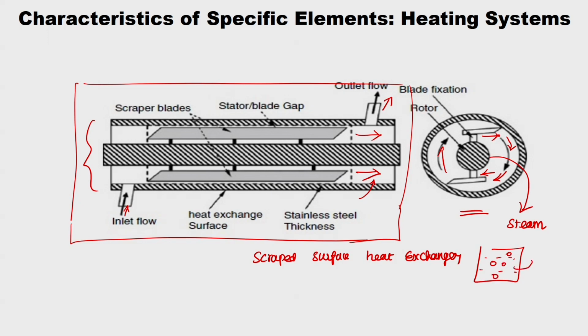From the heating medium to the product side, here it is conduction. Then to the liquid product it is convection, and from the liquid product to the particulate it is again convection. And remember, within the particle the conduction happens, so we have to do a heat penetration test. This is the crucial heat transfer process, from the liquid product to the solid particle, how the heat is transferring.